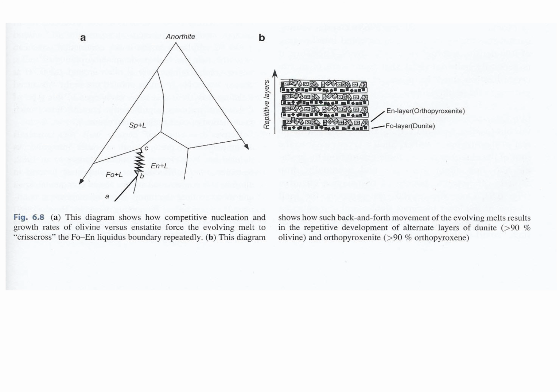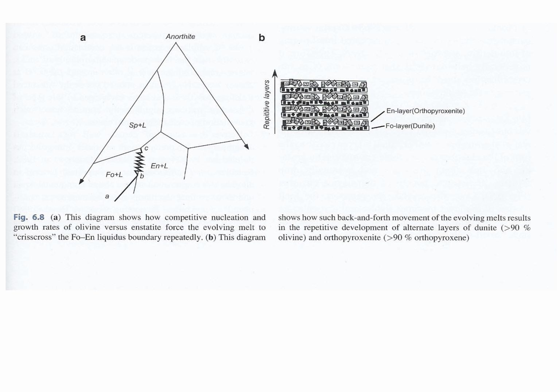But now we are always crossing the boundary between the enstatite and the forsterite. Why is this? This diagram shows how competitive nucleation and growth rate of olivine versus enstatite force the evolving melt to crisscross the forsterite enstatite liquid boundary repeatedly.